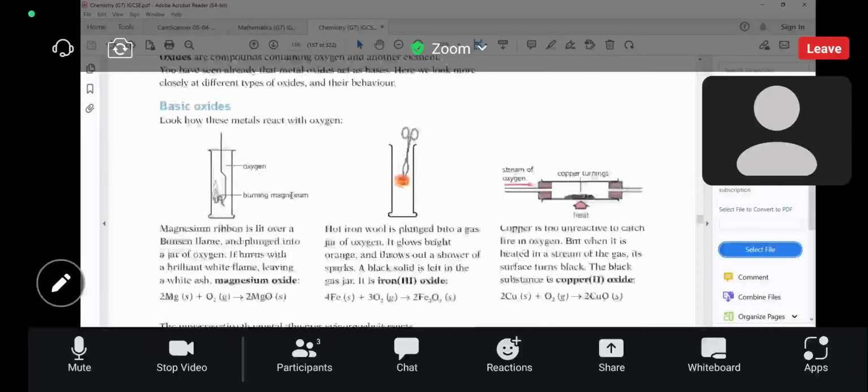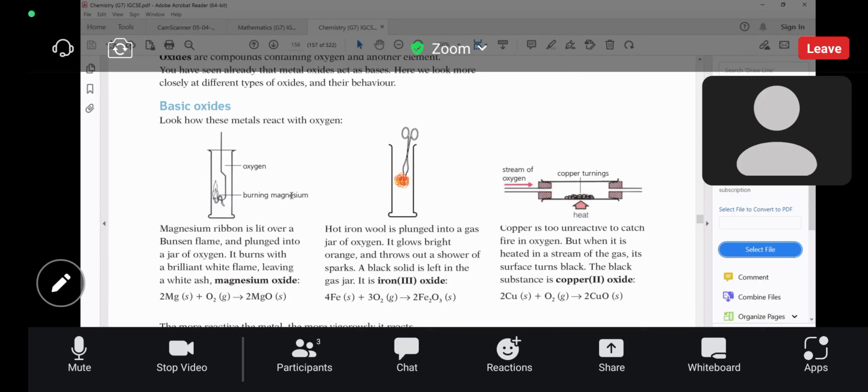Now, here we have taken oxygen gas into a container. So this container contains oxygen, and we plunge the magnesium stripe here and burn it. Now tell me, if oxygen is present inside the container, it is a helper for combustion.